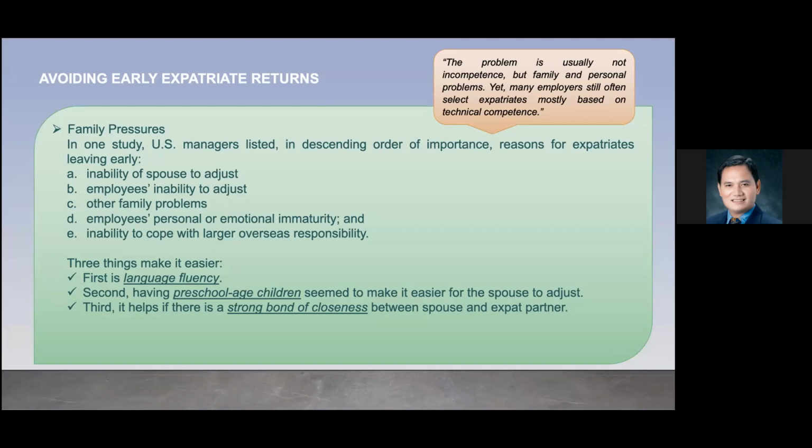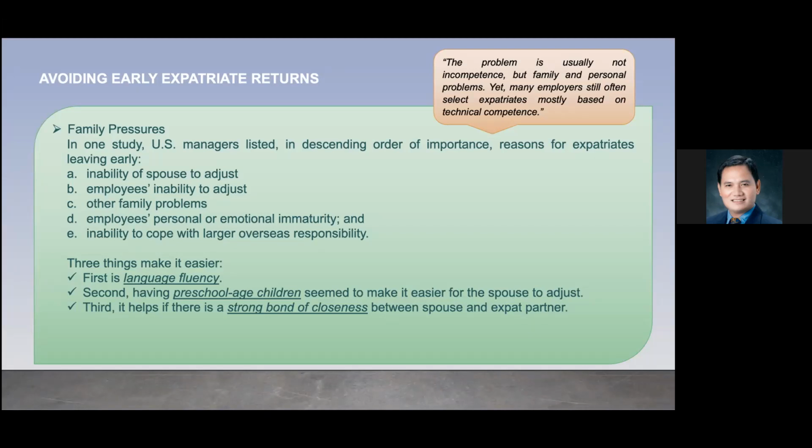So in the same study, it is also found that the problem is usually not incompetence, but family and personal problems. Yet many employers still often select expatriates mostly based on their technical competence.